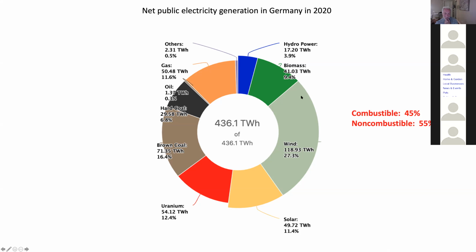Now, Germany has a lot of wind, but they don't have a lot of sun. Yet they produce 12% of their electric energy from the sun. So they have very efficient ways of extracting energy from sunlight.